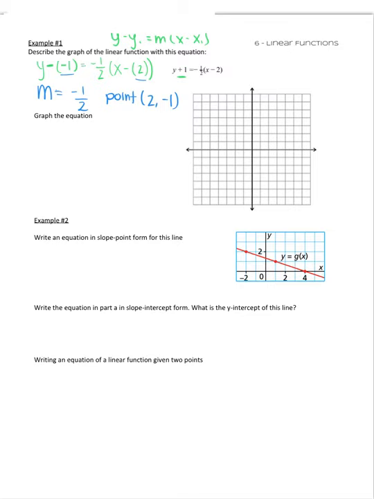So we can graph this equation again using our graph here. All right, so plotting this, positive 2, negative 1 is here, and we'll use our slope down 1 over 2, down 1 over 2 to plot a bunch of points.